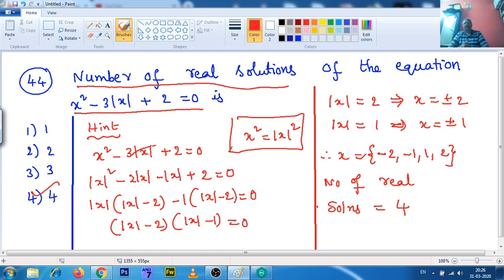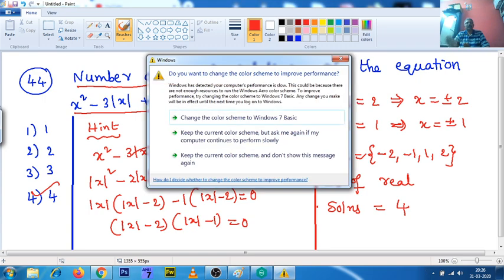Just check here: minus 2, minus 1, plus 1, plus 2. If you add, what do you get? Minus 2 plus 2 cancel, minus 1 plus 1 cancel, always 0. The sum of all the real solutions of the equation x square minus 3 mod x plus 2 is equal to 0. You need to remember this one also. So, better note it down in your notebook. The sum of the real solutions of the equation x square minus 3 mod x plus 2 is 0. How? Minus 2 plus minus 1 plus 1 plus 2, you get 0.